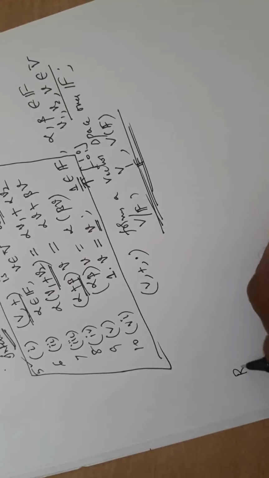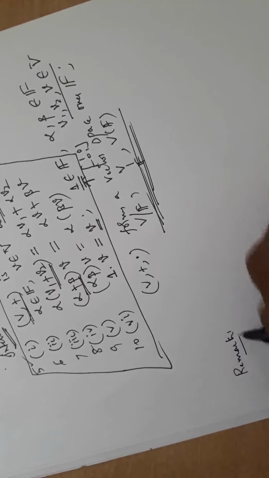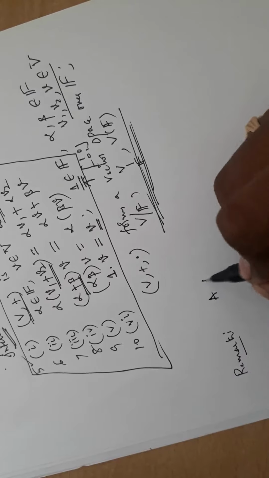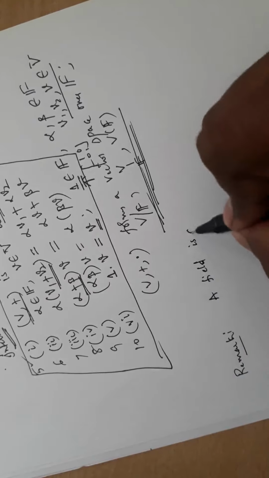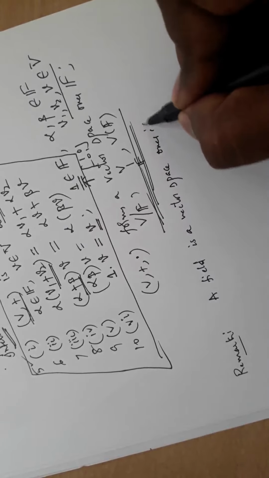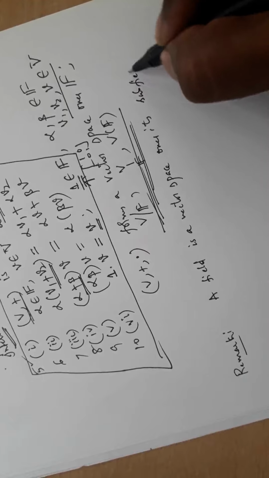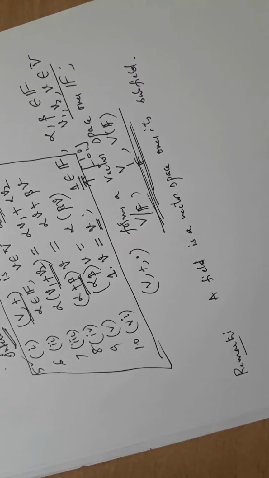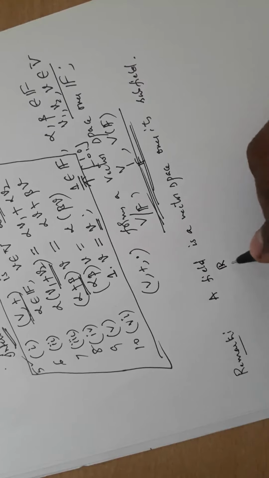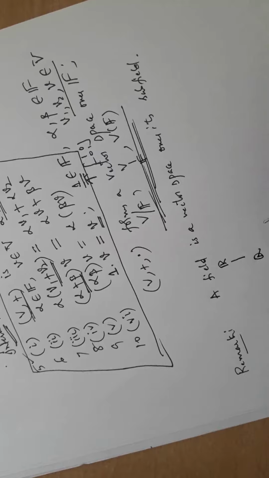First remark is, a field is a vector space over its subfield. That means, look at this, R is there, Q is there.